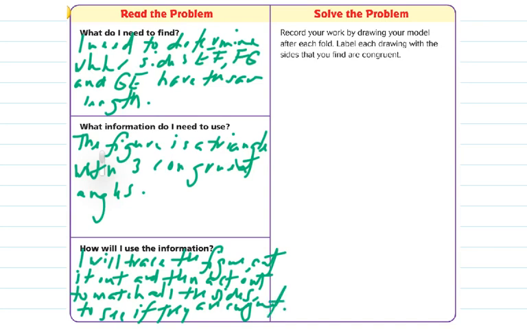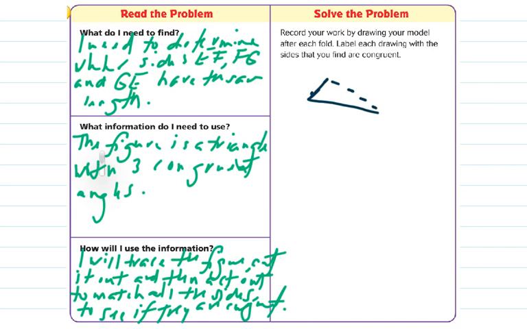So what we're going to do is we are going to now solve the problem. We're going to record our work by drawing a model after each fold. Label each drawing with the sides that you find are congruent. So we're going to do this together in class, but we're going to first fold the triangle, and this little dash line is going to represent our fold.